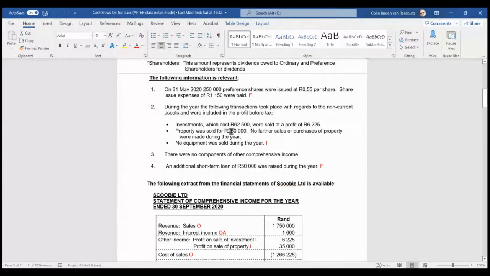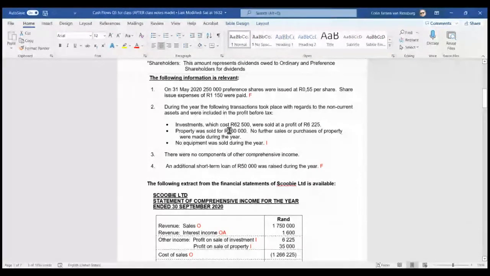So we can simply take that figure to our statement of cash flows. But just for the sake of completeness, I want to discuss it further because not every question is going to be so simple as this one. So I want us to go and discuss the reasoning as well. Okay.